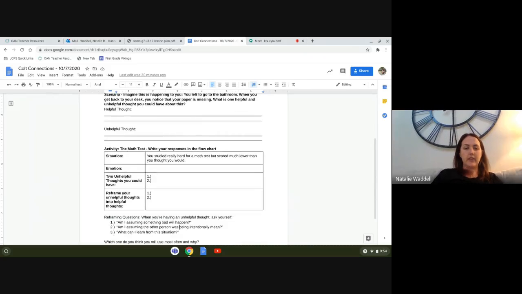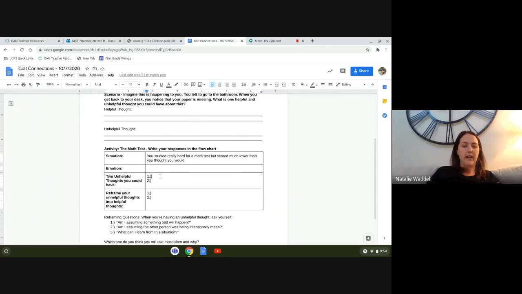Then there's another activity, and this is the flowchart that we had talked about. There was a math test. Write your response in the flowchart. So you studied really hard for a math test, but scored much lower than you thought you would. In this box, you're going to type an emotion that you're feeling. You're going to have 2 unhelpful thoughts that you could have, and then 2 ways to reframe those unhelpful thoughts.